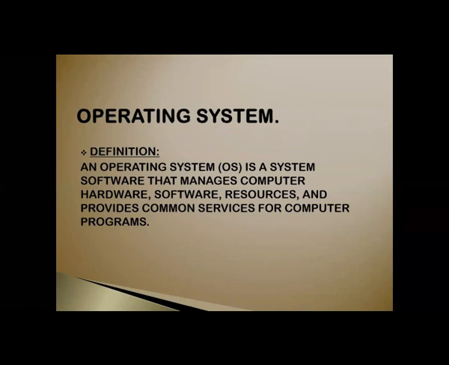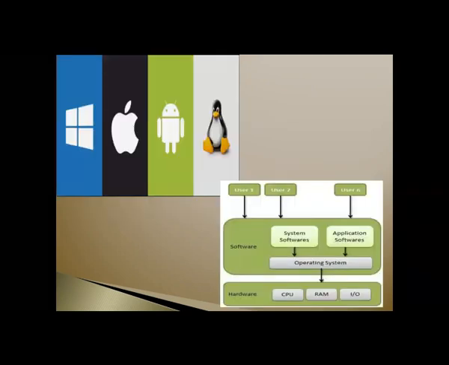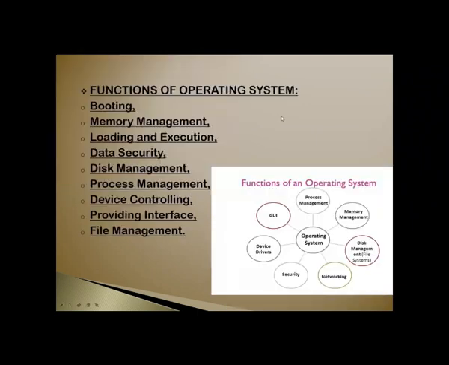It controls the complete system. This is the function of the operating system. It communicates through the software and the hardware, the CPU, RAM, input output devices. Everything is controlled by the operating system. Functions of operating system.